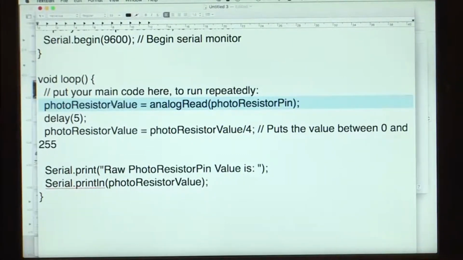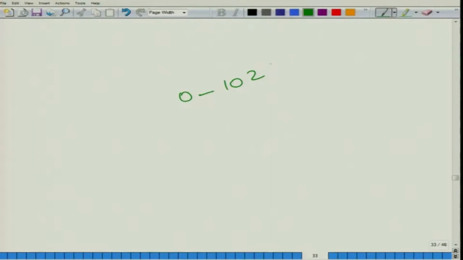But when we talk about 0 to 1023, we have a total of 1024 values.